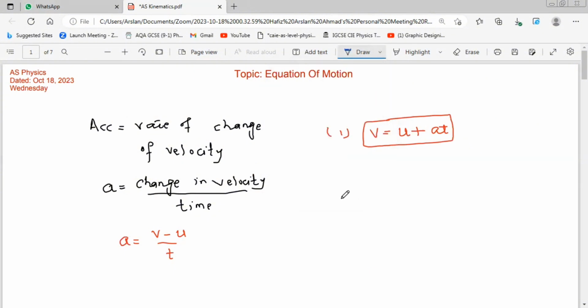The second equation: we know that according to the definition of distance, the distance is speed multiplied by time. Symbolically we can write distance d is equal to s multiplied by time. We use this equation when speed is constant.